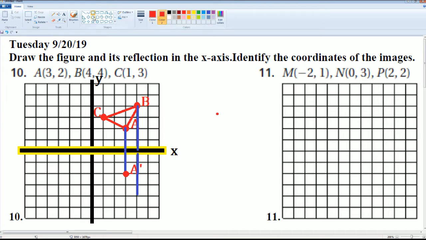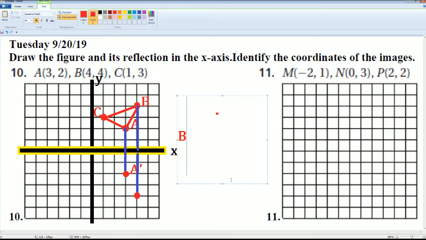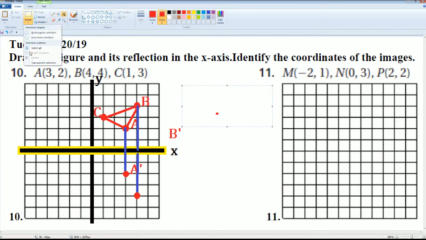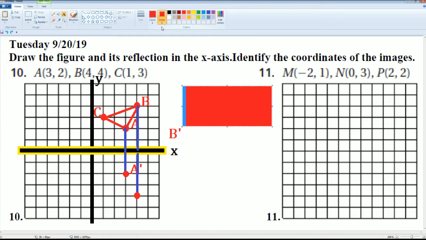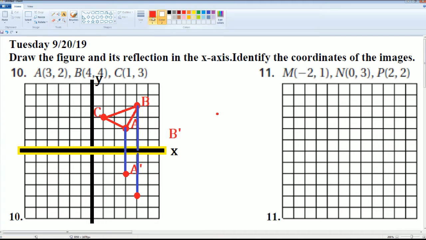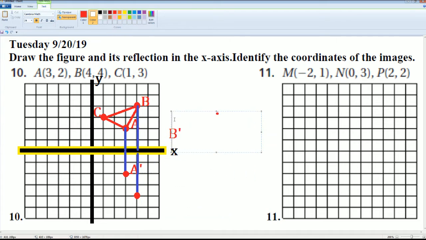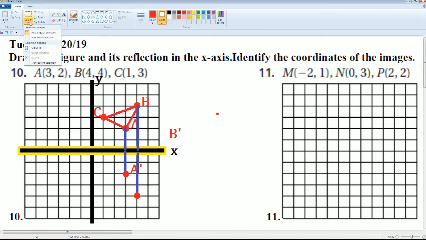Red. And we're going to call that B prime.